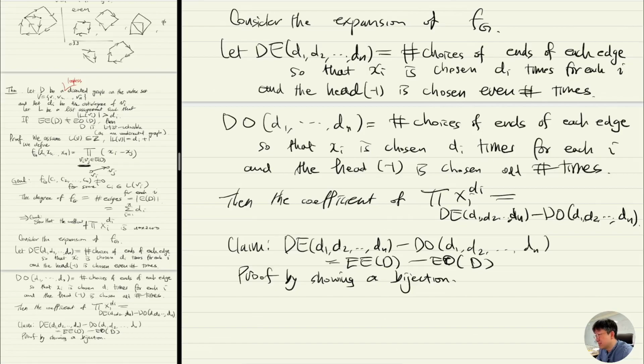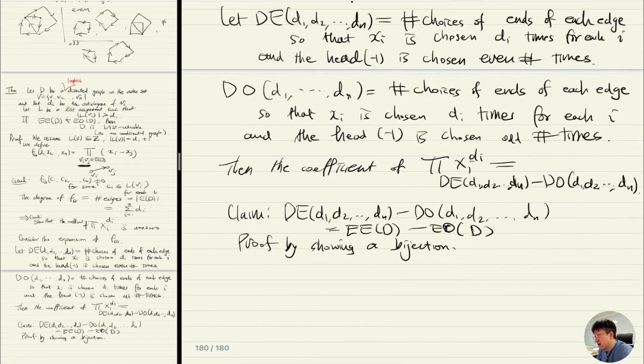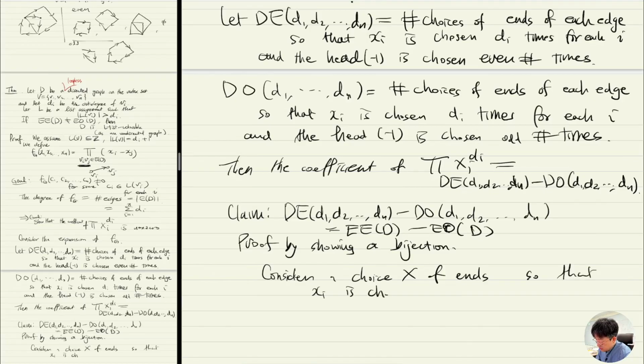So how do we find the bijection? So think of some choices. For every edge, we're going to choose either the tail or the head, right. So consider a choice, let's say x, of ends, so that xi is chosen di times at each i.